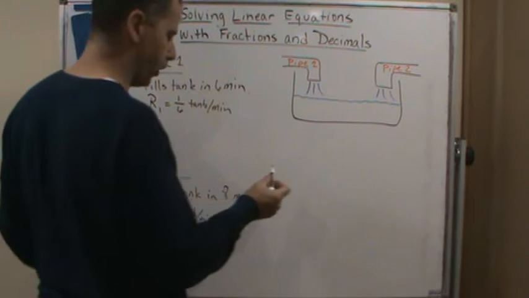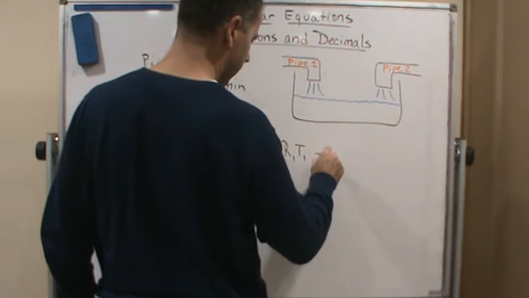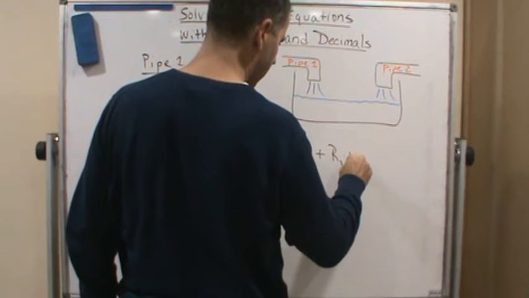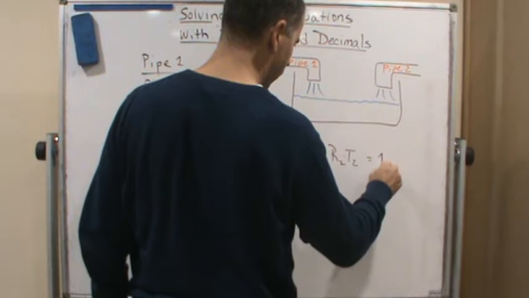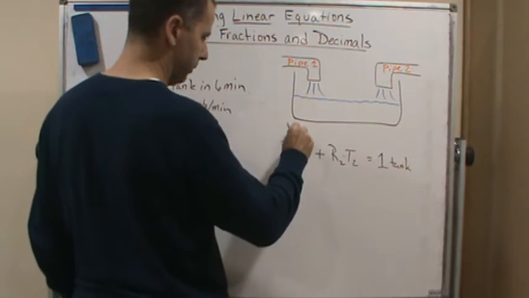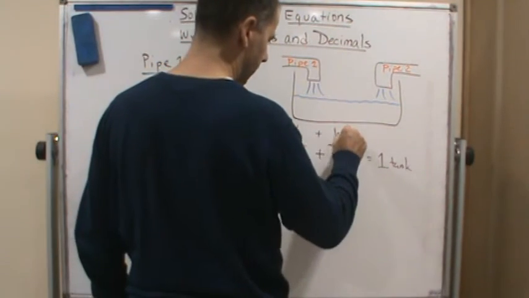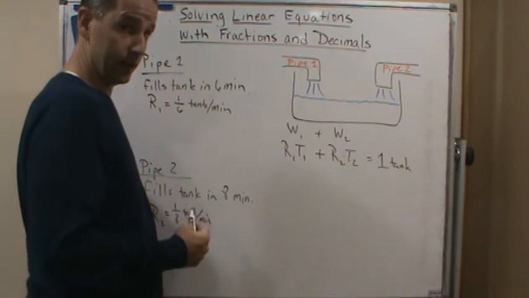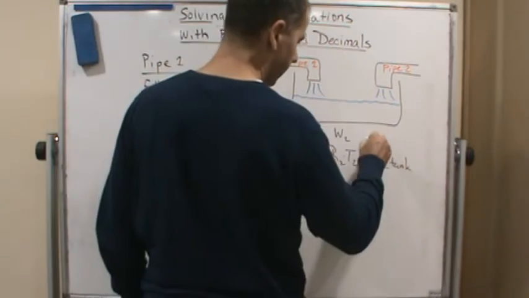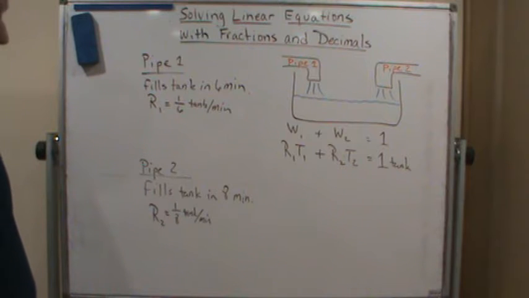Setting up the formula, we got R1 times T1 plus R2 times T2 has to equal one whole tank. So W1, the amount of work done by the first pipe, plus W2, the work done by the second pipe, meaning how much of the tank is filled, has to equal 1. One whole tank. They're working together.